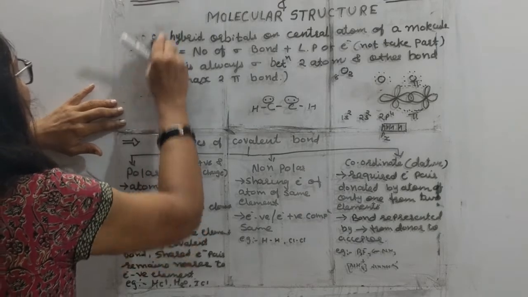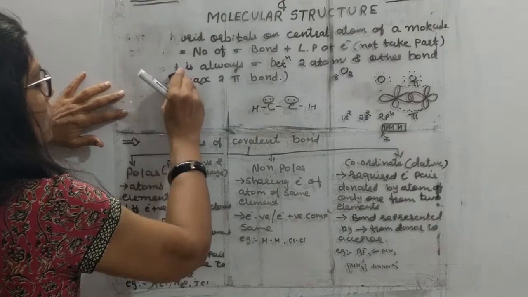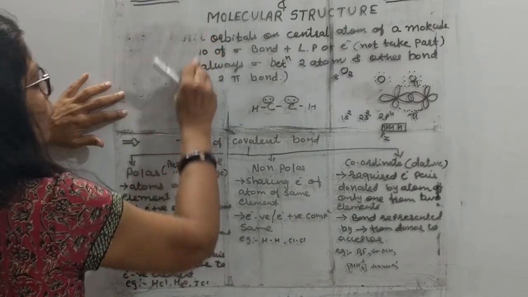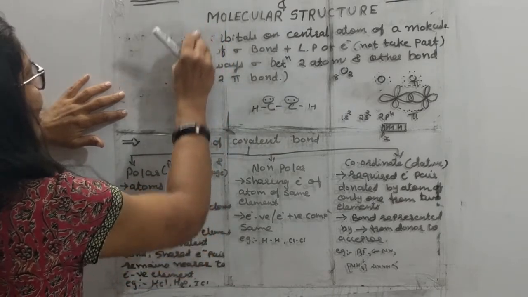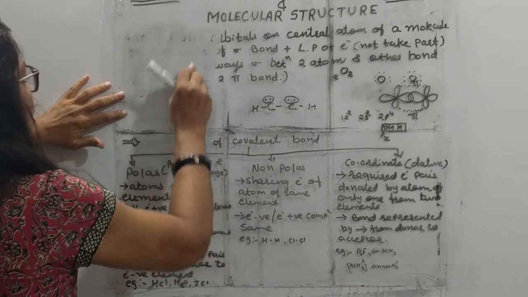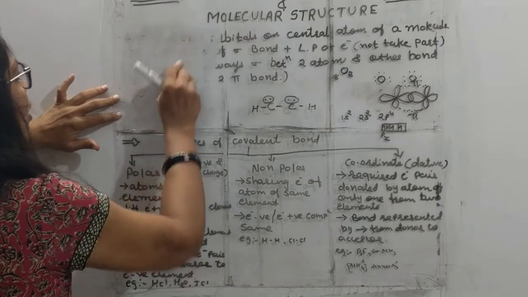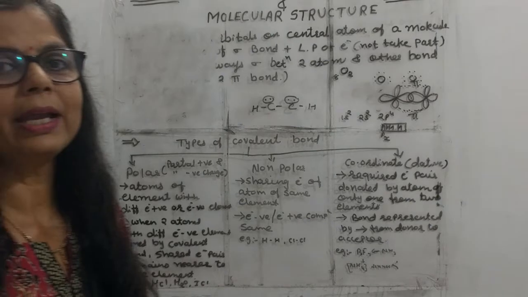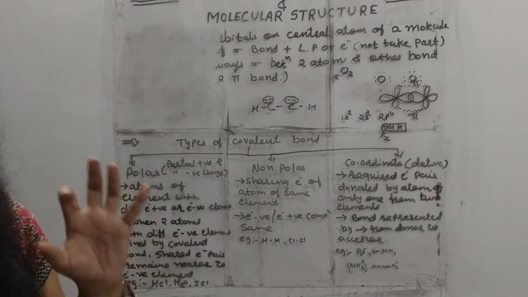Because it has more electronegativity than the other. So in this coordinate bond, the required electron pair is donated only by one atom. The other one is not taking part in any giving and taking or sharing. So that's why we can say that the coordinate bond is known as the dominating type of bond.